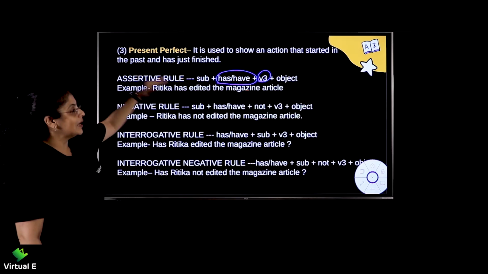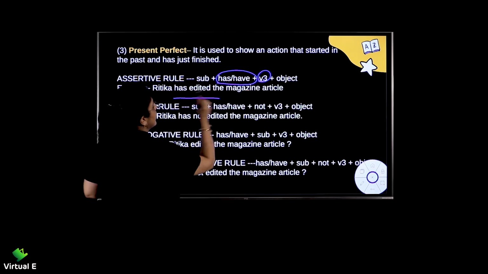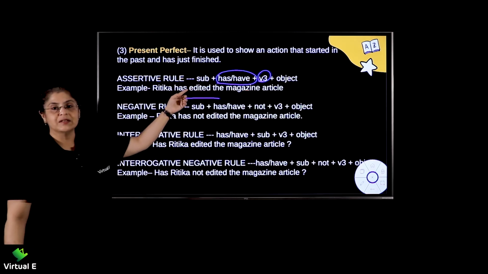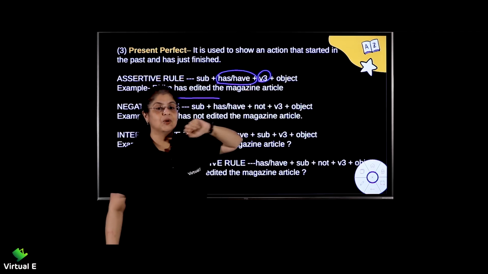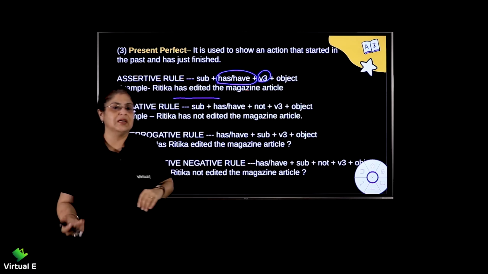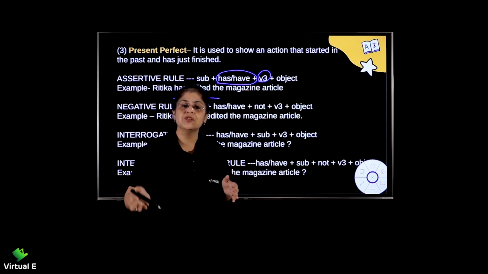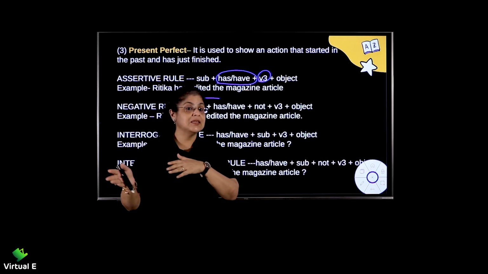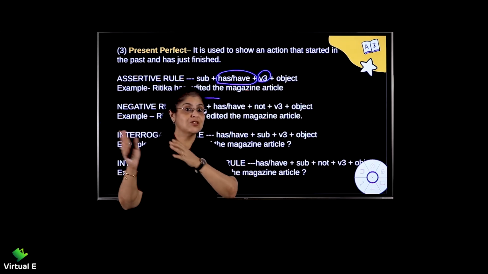Now, Ritika has edited the magazine article. Do you see? You have has and you have edited. You have the keywords. It is using the third form. What do we mean by the third form? I'm sure you know it, right? When I say you have the different forms of verbs: eat, ate, eaten; do, did, done; go, went, gone.